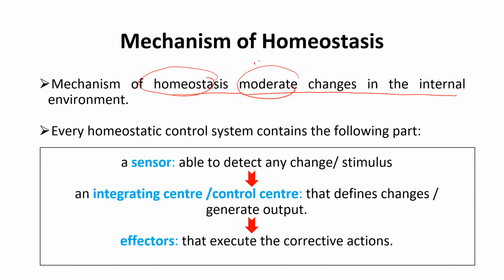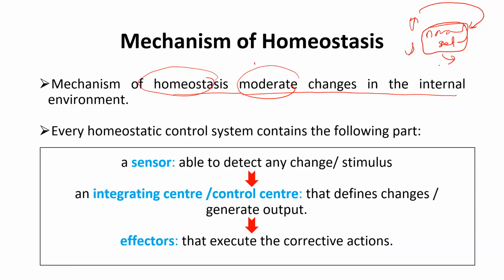So through homeostasis mechanism, the normal set point akan diachievekan balik semula. Okay. Kalau ada berlaku perubahan ataupun deviates from the normal set point, increase ke decrease ke from the normal set point. Kan? So through homeostatic mechanism, it will bring back to the normal set point for the physical or for the chemical factors.